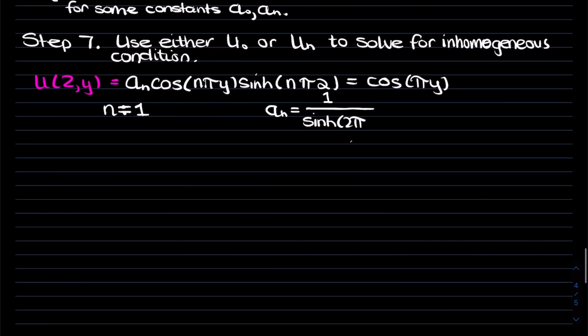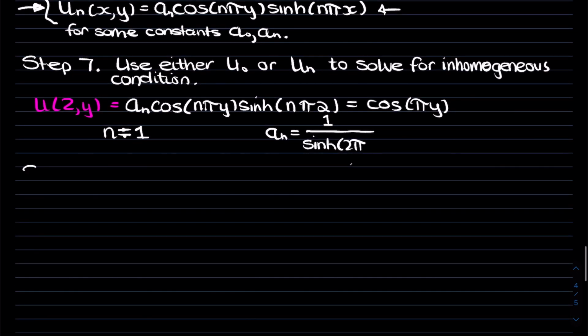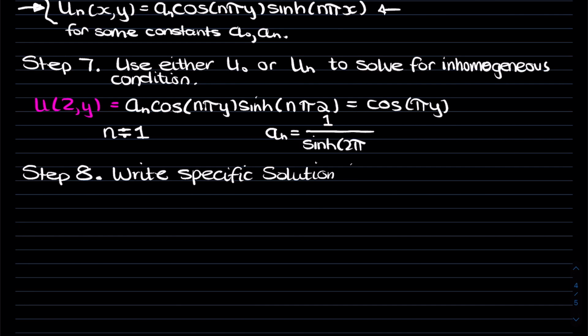Right, so now the very last step, step 8, is to write the specific solution. In this case, we'll be using U_n. We don't need U0 at all. So U_n, n, and our values for A_n.